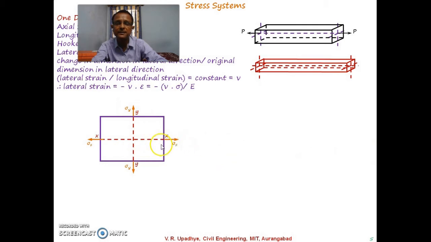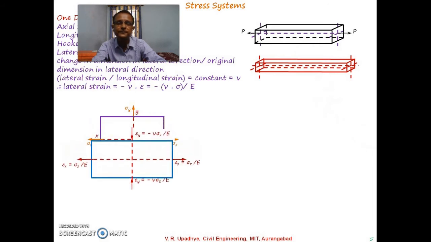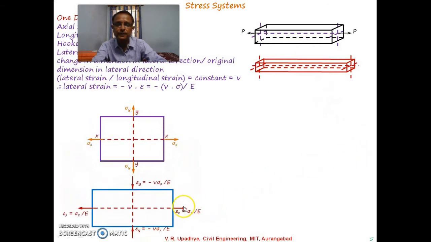If only sigma x is acting, then as we discussed earlier, due to sigma x along the x-axis there will be elongation, so that is epsilon x. But due to sigma x, along the y-axis there will be a lateral strain, and that is epsilon y. Lateral means what is happening along the y-axis due to sigma x.